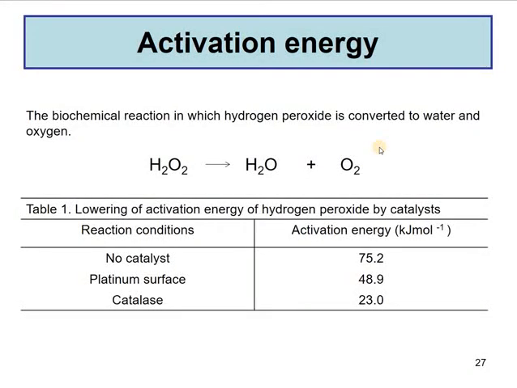So an example of activation energy, this is just an example, is a table showing you an easy biochemical reaction in which hydrogen peroxide is converted to water and oxygen. Usually hydrogen peroxide is used in the dairy industry, especially to sterilize the Tetra Pak. The Tetra Pak is that carton that they use for the UHT milk.